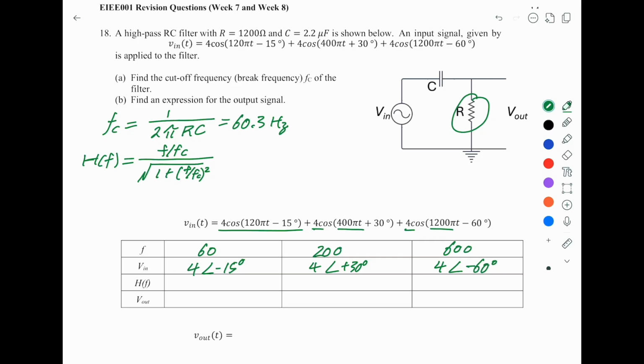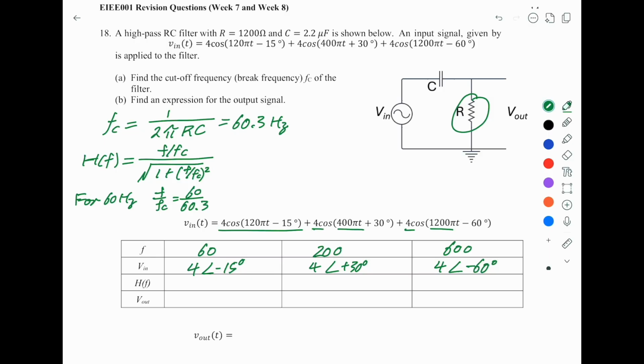So for the case 1, it means for the 60 Hz. So your F over Fc, let's calculate. For 60 Hz, F over Fc is equal to 60 over 60.3.